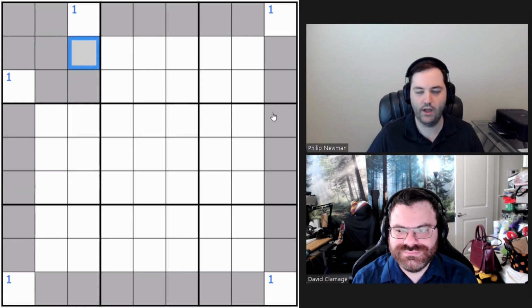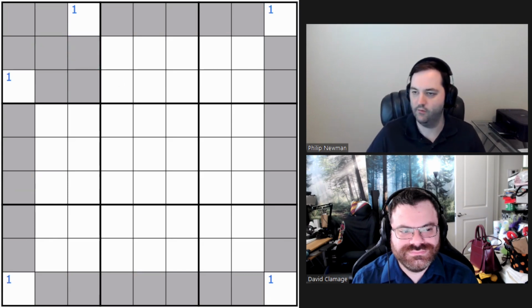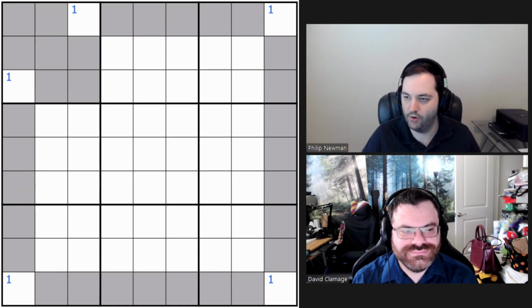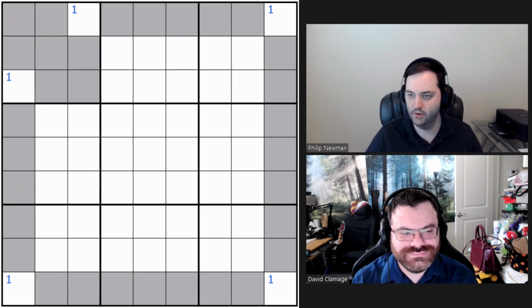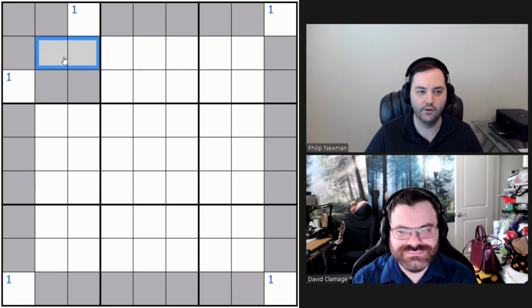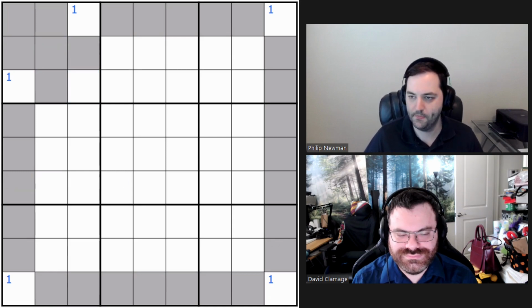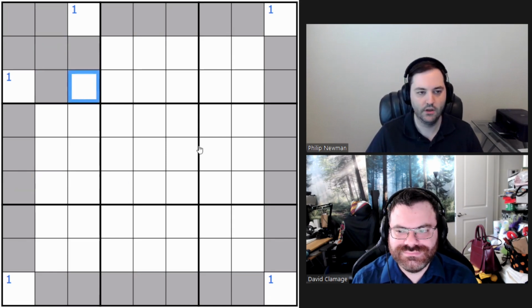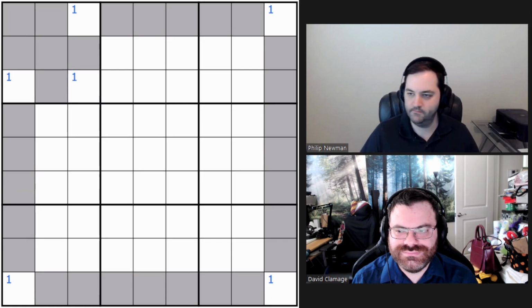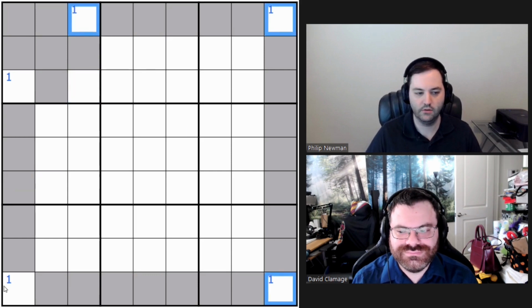All right. So how do we get around this? This doesn't seem very useful because it's impossible, so it could never actually occur in a puzzle. How we use it is avoiding it. So let's say, in this case, that could be a 1. So now what we can conclude is, if this isn't a 1, we have an oddagon.